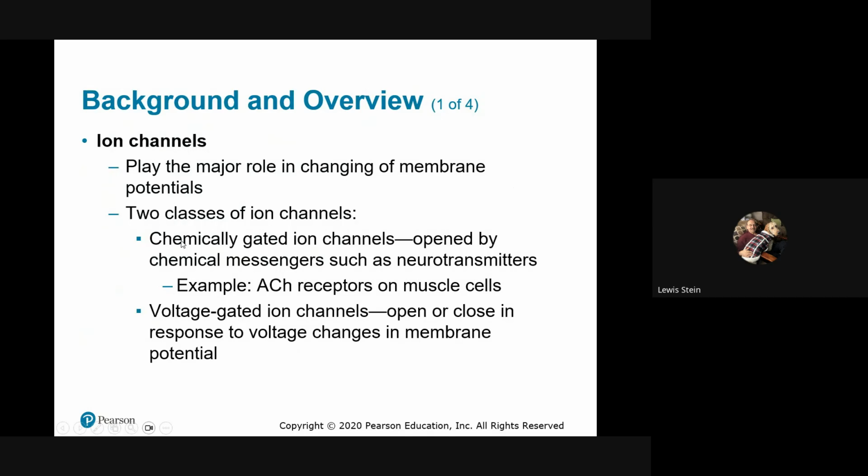Two classes of ion channels: chemically gated ion channels, opened by chemical messengers such as neurotransmitters, like acetylcholine receptors on muscle cells. That's chemically gated, or ligand is another term. Ligand and chemical, when they trigger a receptor, are used interchangeably. If you're not sure of it, you can come up and ask me a question about it.